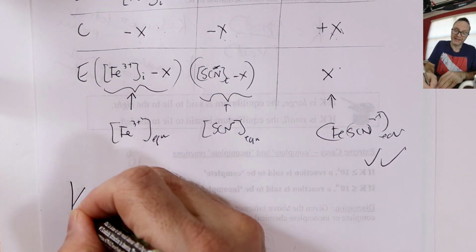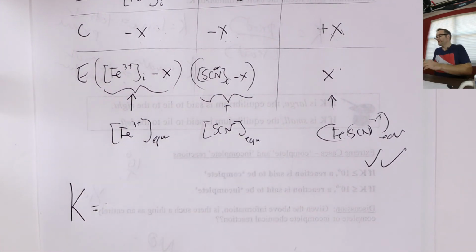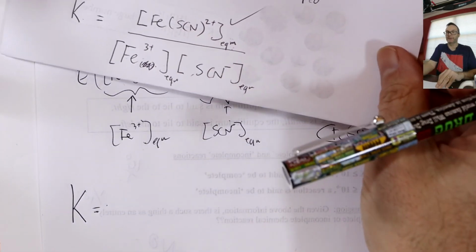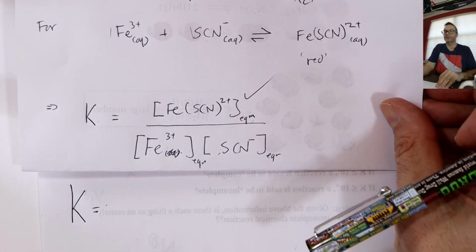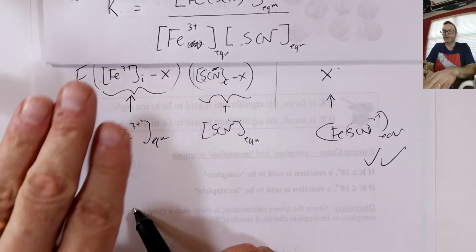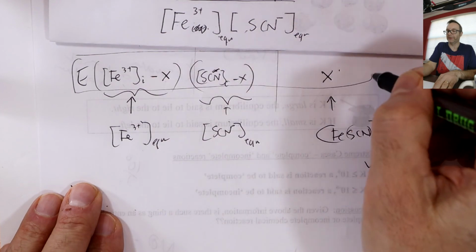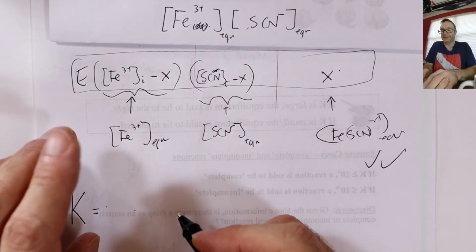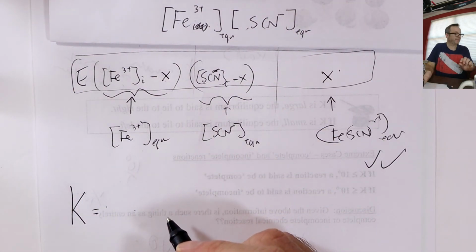So K equals, now do a bit of creative origami here. Here is my original, so I'm just going to repeat that, but now with the variables from the bottom line in the equilibrium, right?